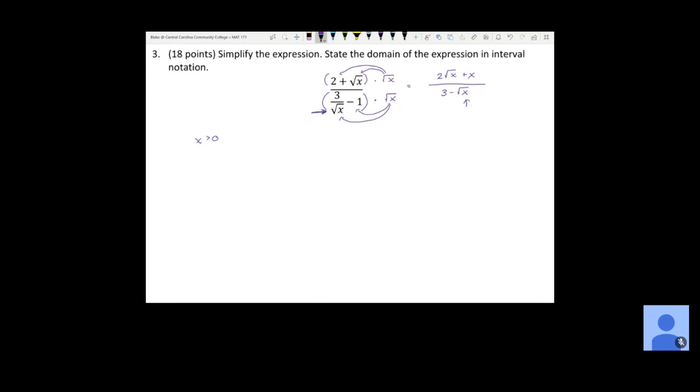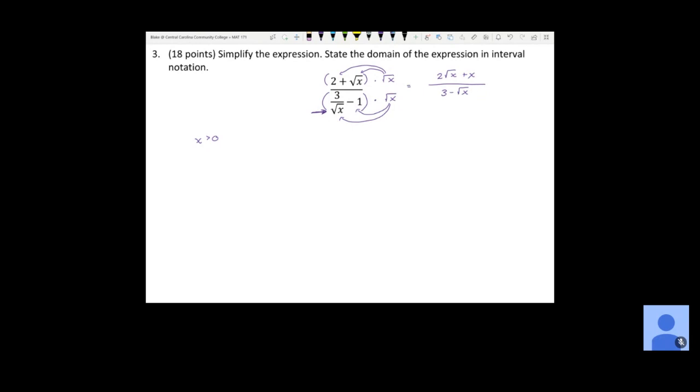All right. Now, do we have any other restrictions on our domain this time? Okay, so x can't be equal to 9. Now, how do we get that? Okay, so good.